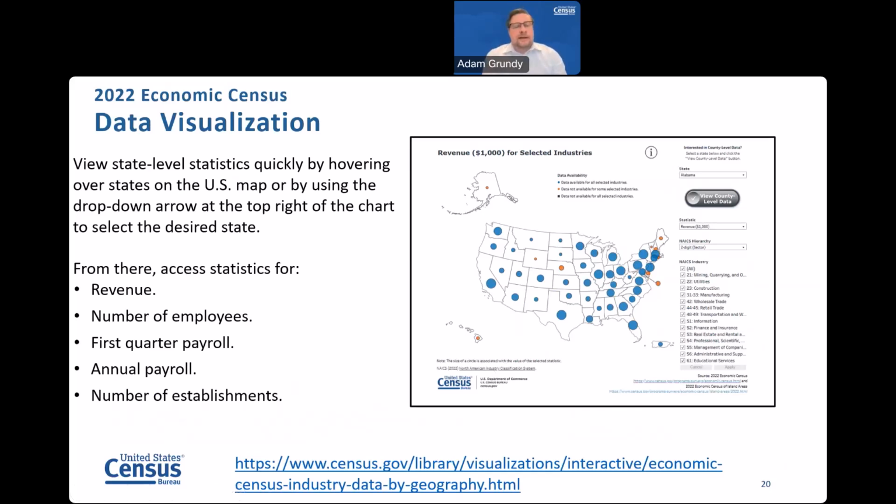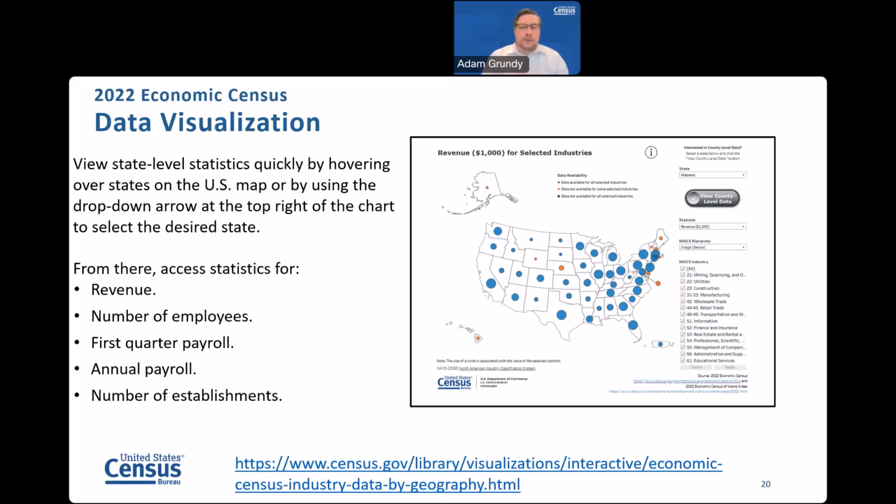We also put out several different data visualizations during the 2022 economic census cycle. One of those was an interactive data display, which allowed you to access statistics for revenue, number of employees, first quarter payroll, annual payroll, and the number of establishments. So the way this basically works is you would hover over the data on the right-hand side of your screen once you get to that data display, and you would select your statistic, select which NAICS hierarchy you were looking for, and then go to the actual state that you're looking for data for.